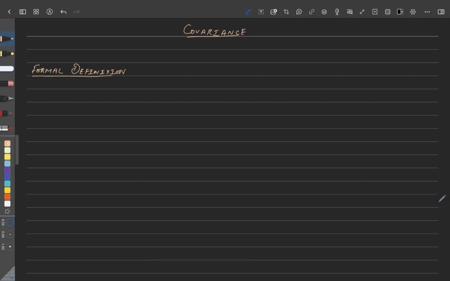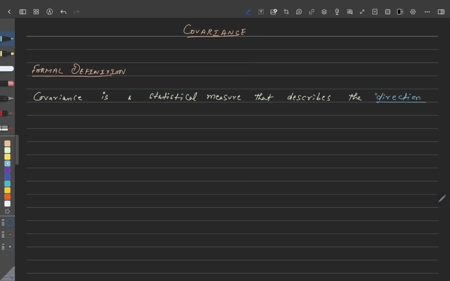Okay, so covariance is a statistical measure that describes the direction.